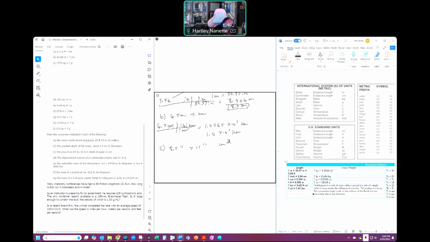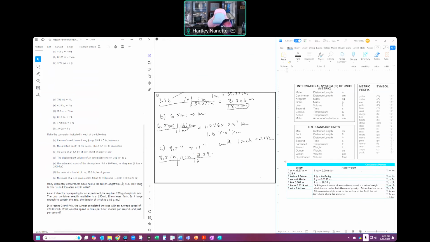Or I can take 8.5 inches times 11 inches, because I know that'll give me inches squared, which is the area. And then I have to get my conversion factor from inches to centimeters. So I know that 1 inch equals 2.54 centimeters, right? We talked about that.